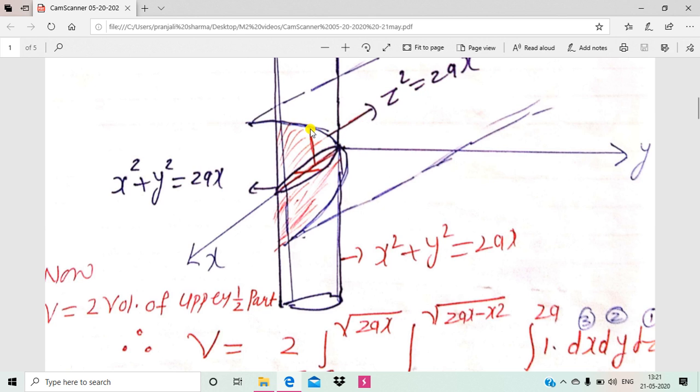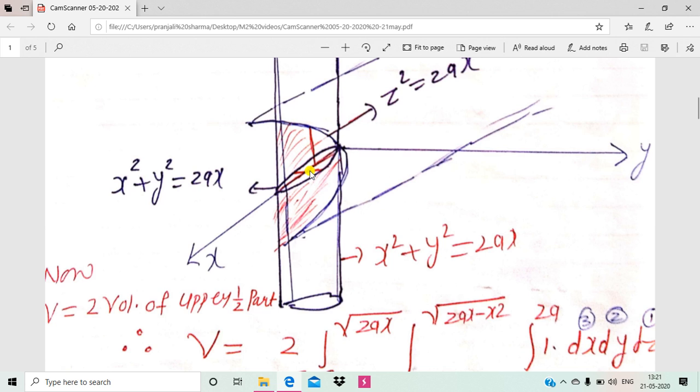So the value of z will be plus minus root 2ax, but it is the positive direction of z, therefore the upper limit will be root over 2ax. So the limits of z will be from z is equal to 0 to z is equal to root over 2ax. And now we will find the limits of y.